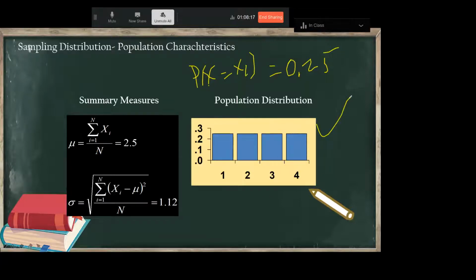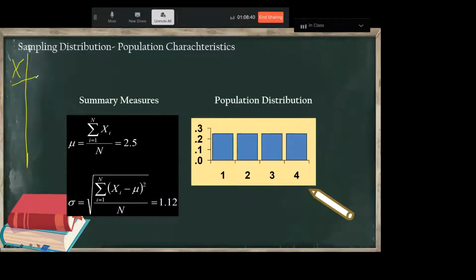Now, if we take the measure of the population mean mu, what will be the mu? Mu will be the sum of xi upon N. So let's say x is 1, 2, 3, 4, right? Or in a better way, we can draw a tabular form. What is x? 1, 2, 3, 4. What is the sum of x? The sum of x is going to be 10, right?